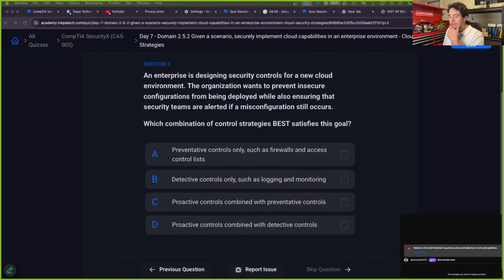All right, question 3. An enterprise is designing security controls for a new cloud environment. The organization wants to prevent insecure configurations from being deployed while also ensuring that security teams are alerted if a misconfiguration still occurs.